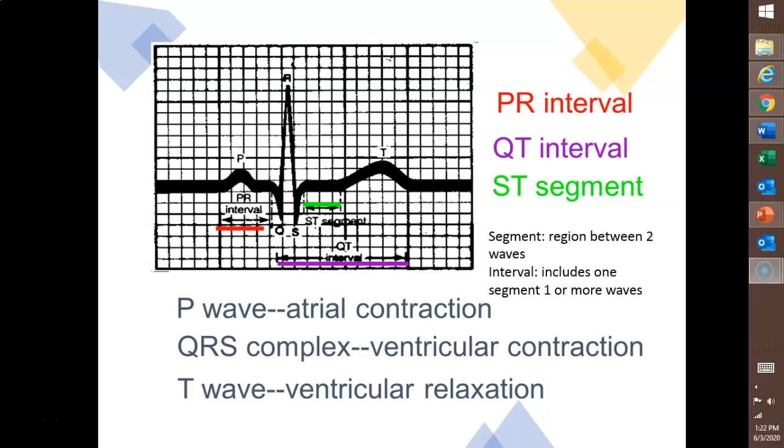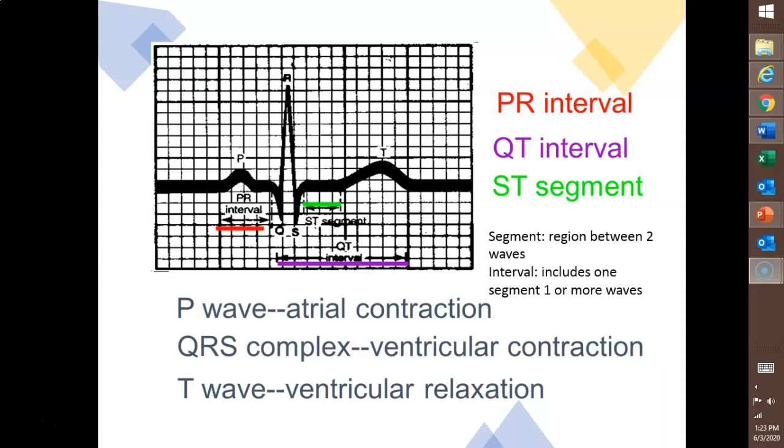In addition to the three regular or normal deflections, the P, QRS, and T, you also have intervals and segments. A segment is the region between two waves, such as you see here with the ST segment. So it's the area between two points on a wave.